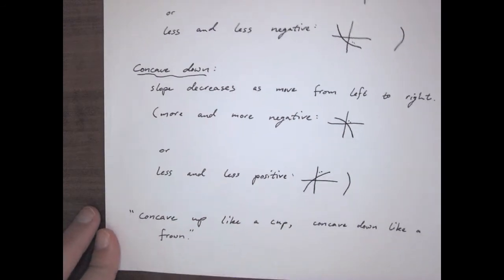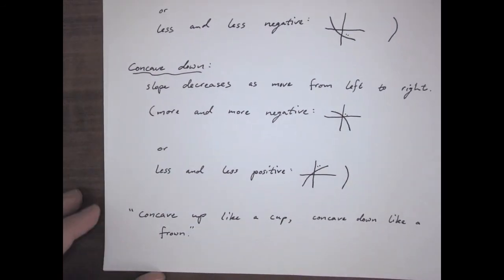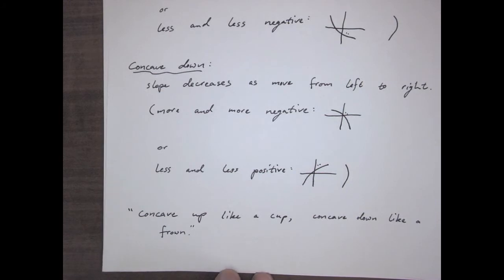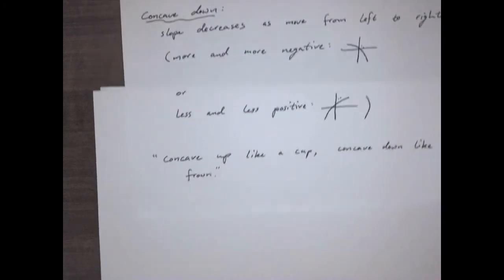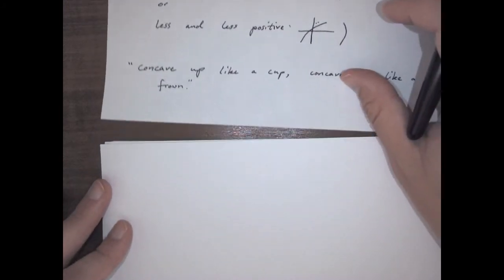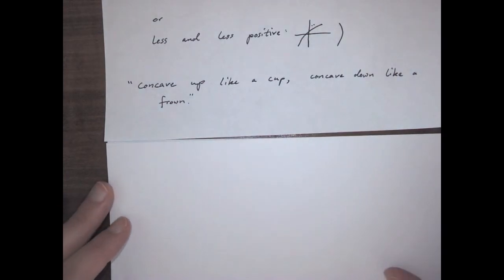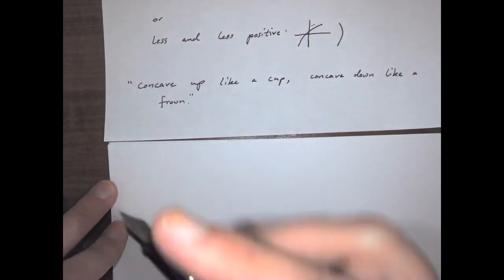Now, if a graph has any straight line segments in it, then its rate of change is not actually changing, it's actually just holding steady.